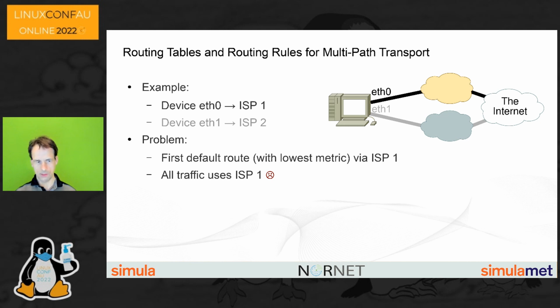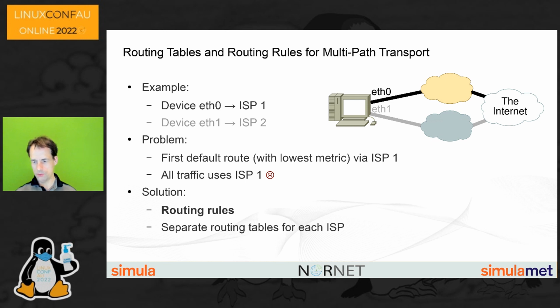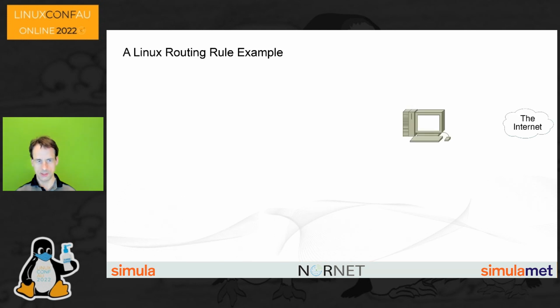That's of course not what we want. We have to do something in addition. And the solution under Linux is routing rules. So we have to define separate routing tables for each ISP, ISP1 and ISP2, and then select for an outgoing packet, according to the source address, which routing table to use. So let me explain this in a small example.